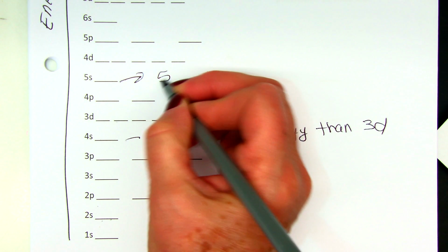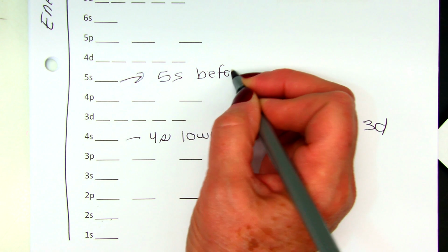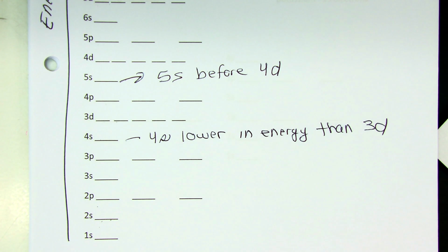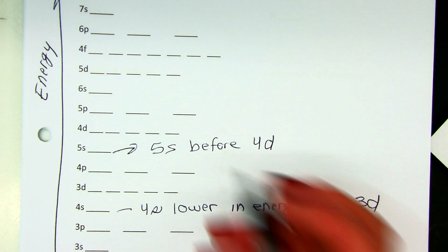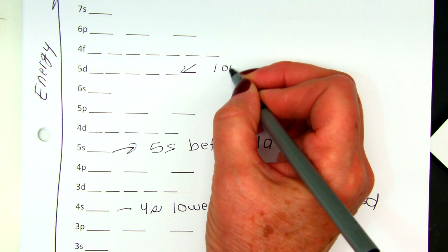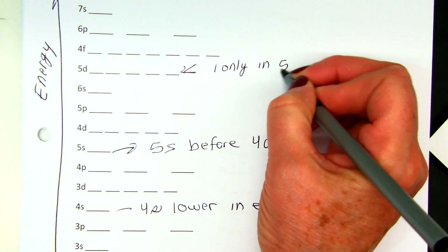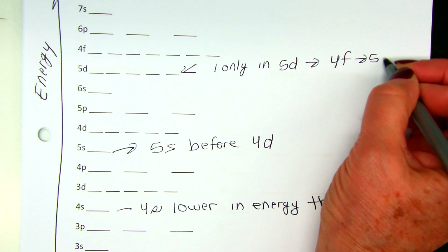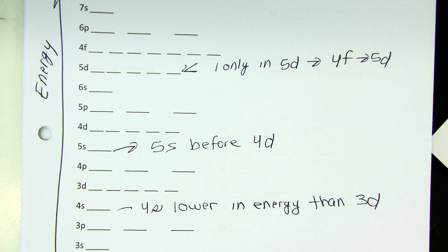We put in the 5s before the 4d. The 6s goes in before the 5d, and so on. Then when we get up to the d's and f's, we put one electron only in the 5d, then we go to the 4f, then back to the 5d. When you try to remember this, it seems a little crazy, but the periodic chart is your best friend, and it will help you sort it out.